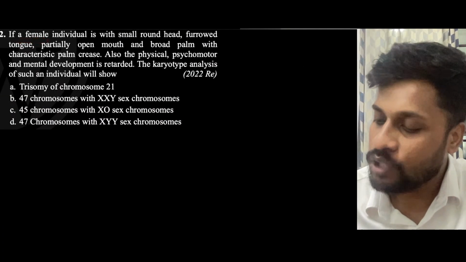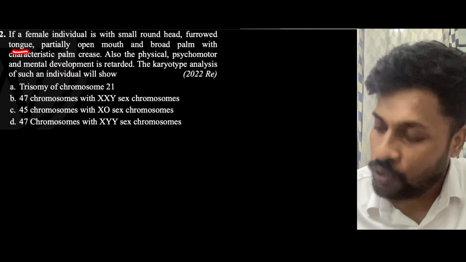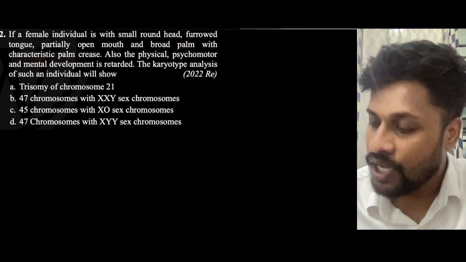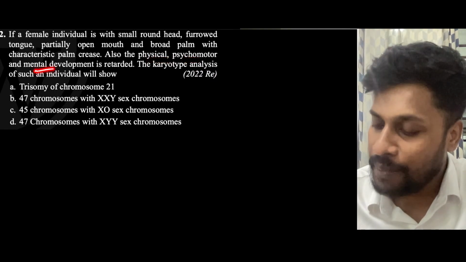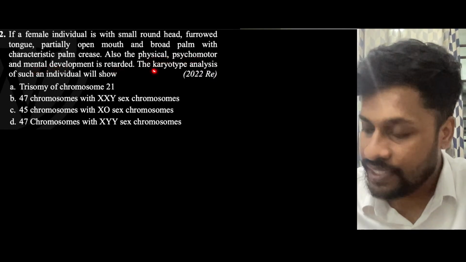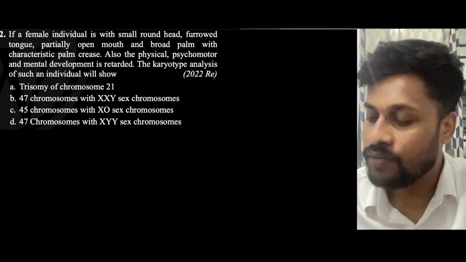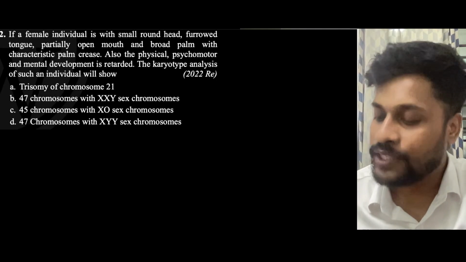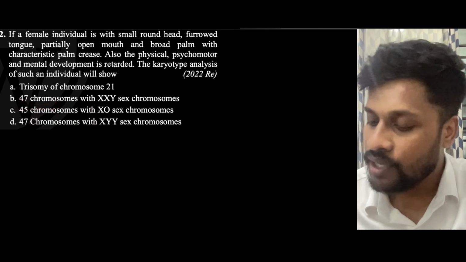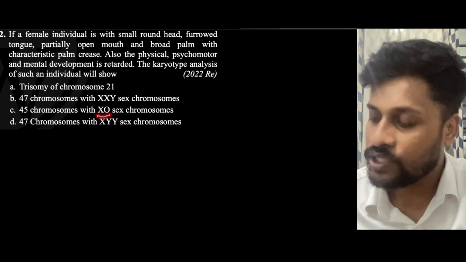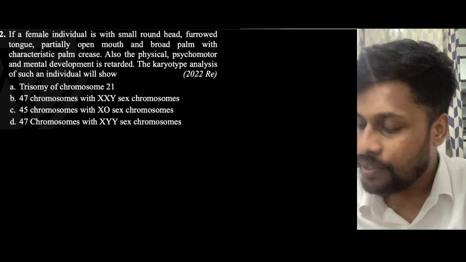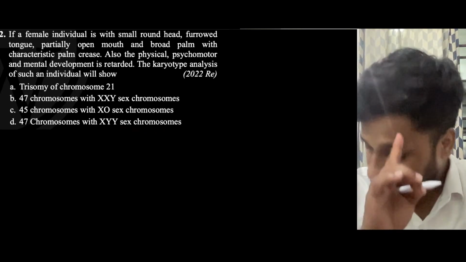If a female individual has a small round head, furrowed tongue, partially open mouth, and broad palm with a characteristic palm crease, and physical, psychomotor, and mental development is retarded, the karyotype analysis of such an individual will show: Trisomy of 21st chromosome, 47 chromosomes with XXY, 45 chromosomes with XO, 47 chromosomes with XXY.